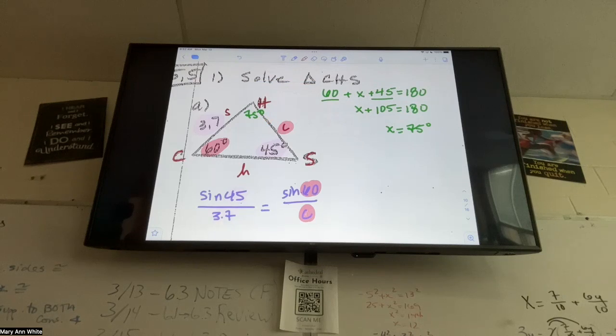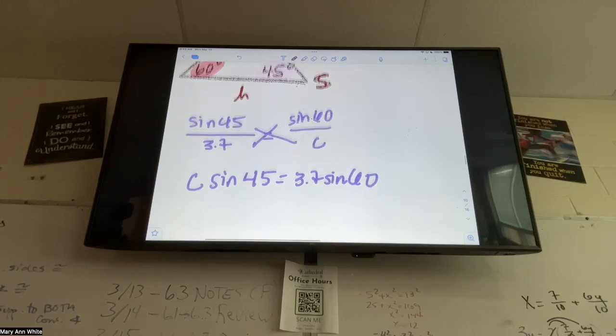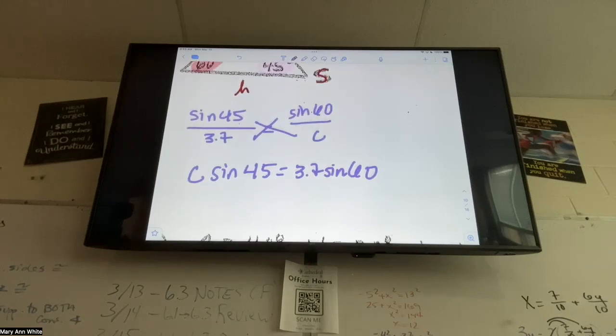Now you just have two proportions, and we're going to cross multiply in order to solve. I'm going to fight you to not put anything in the calculator yet. So when I cross multiply, I get c times sine of 45 equals 3.7 times sine of 60. And then I'm going to divide by sine of 45 from both sides.